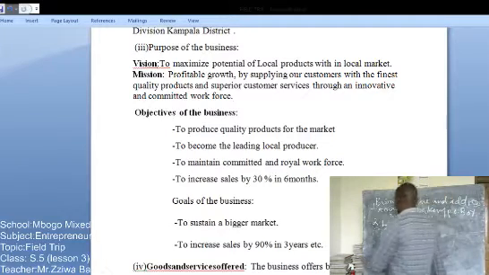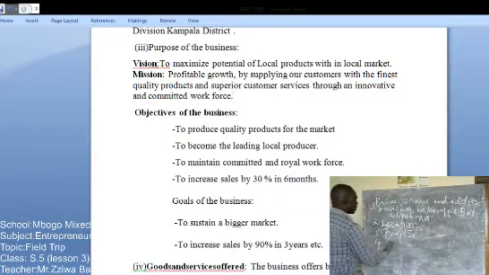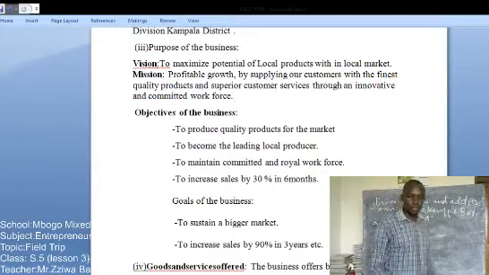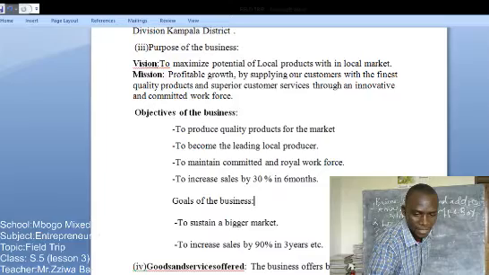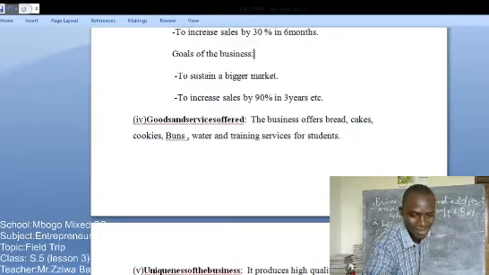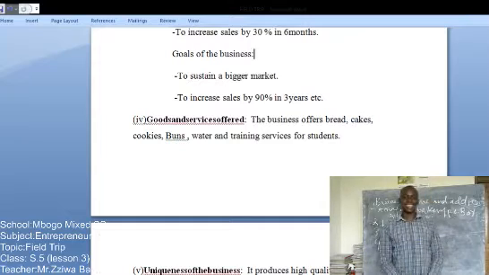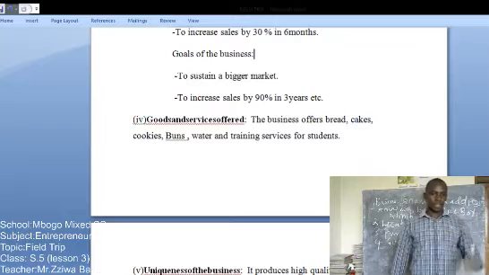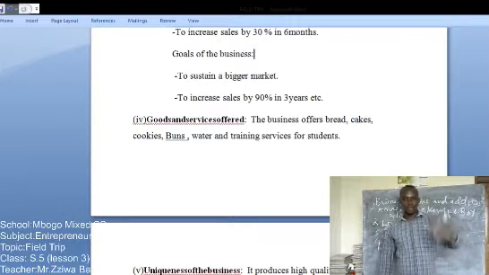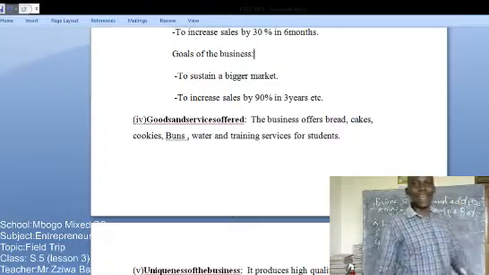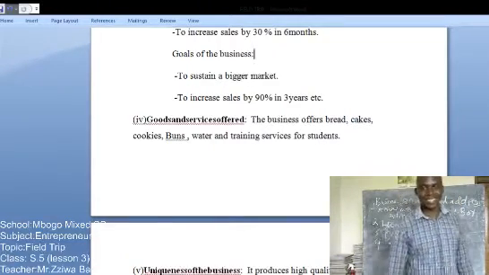Then the other element, the goods and services produced. Goods or services produced by the business you are talking about. That is where you stress the products offered. The business offers bread, cakes, cookies, buns, and sometimes water and training services to students.